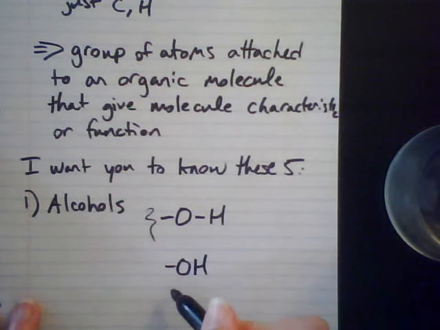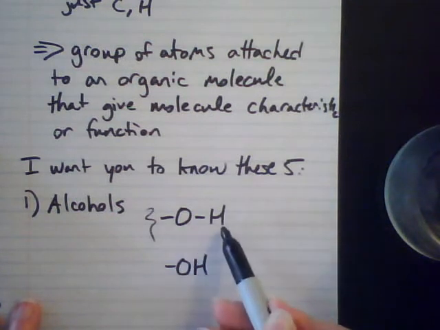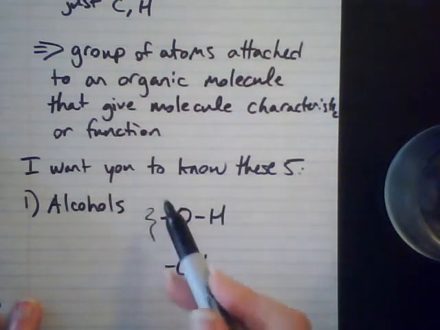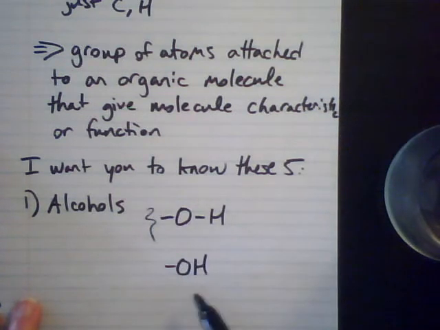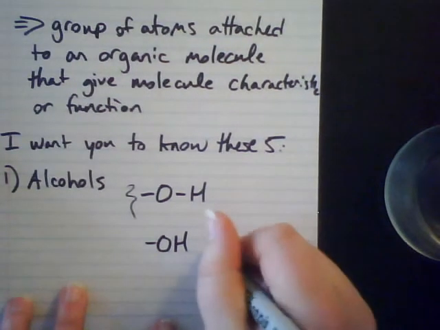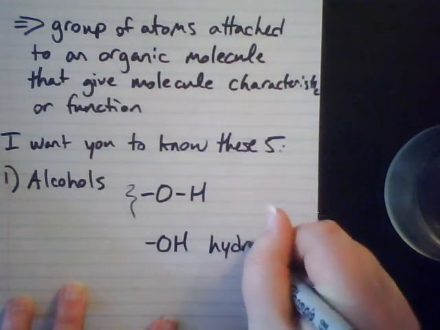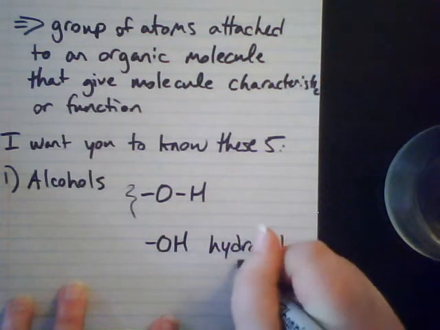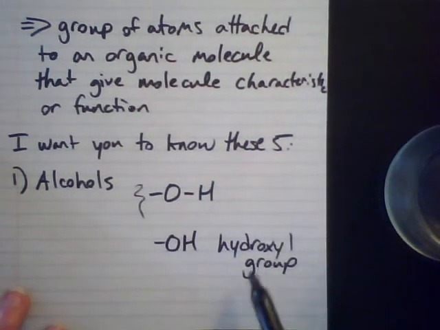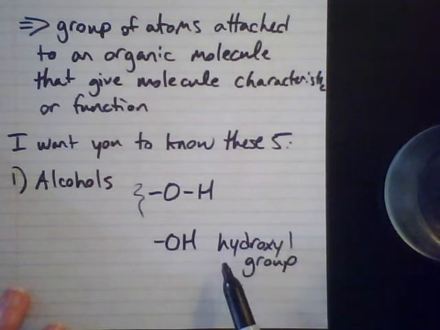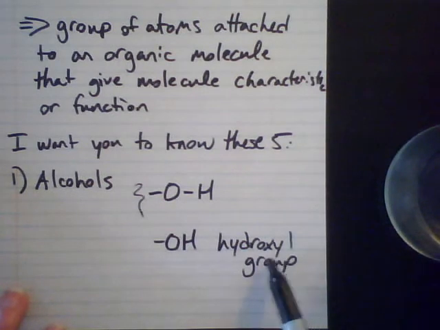And what this means is that the oxygen is bonded to both the hydrogen and to the hydrocarbon, or whatever the larger molecule is over here. So that's what we're looking at here. And this OH group is called an alcohol group, but it's also called a hydroxyl group. Hydroxyl. And again, the hyd part refers to the hydrogen, the oxy part refers to the oxygen.